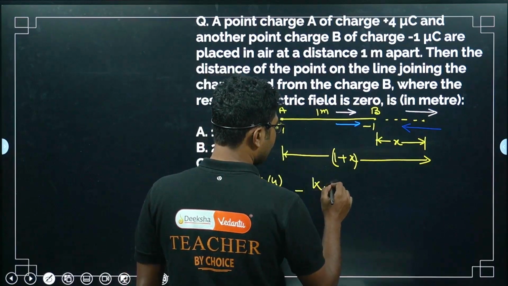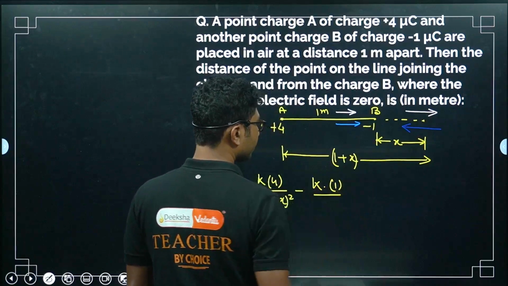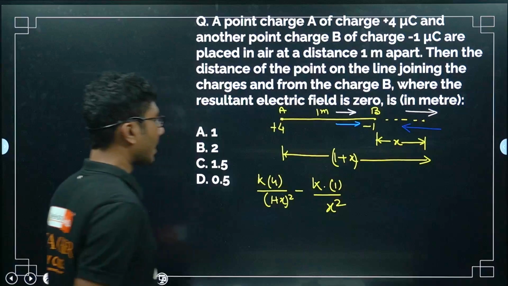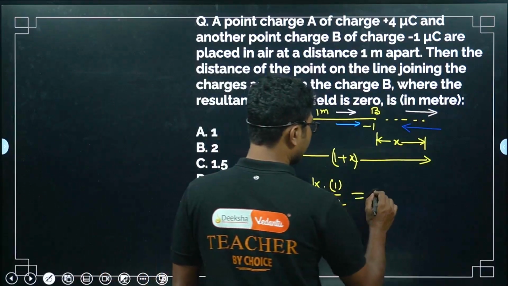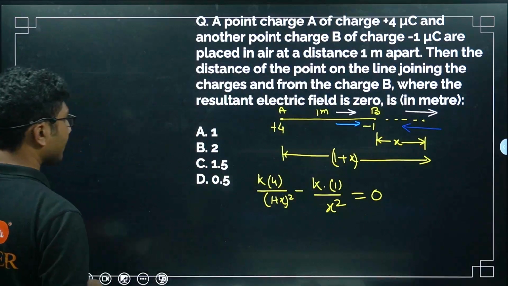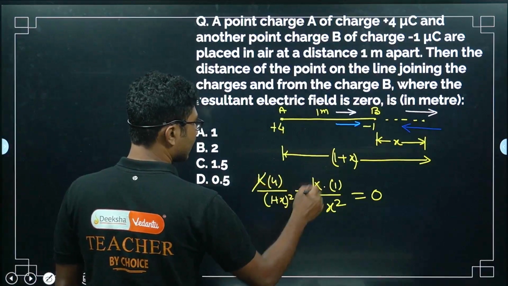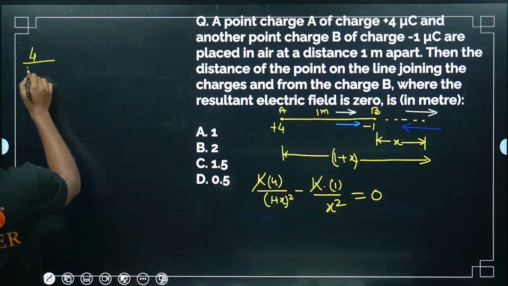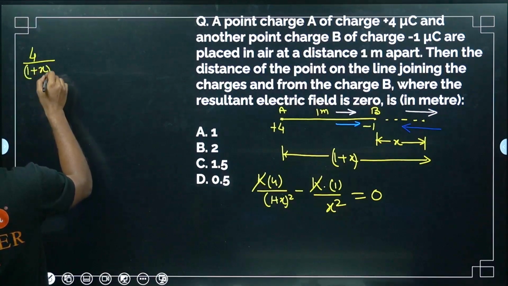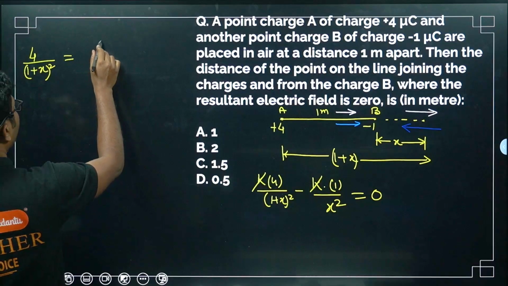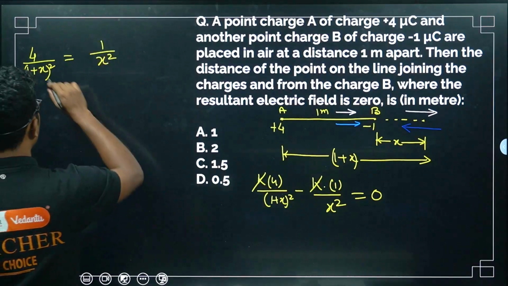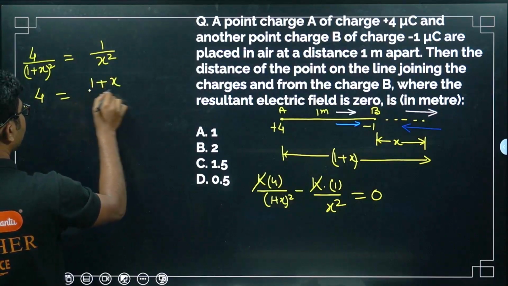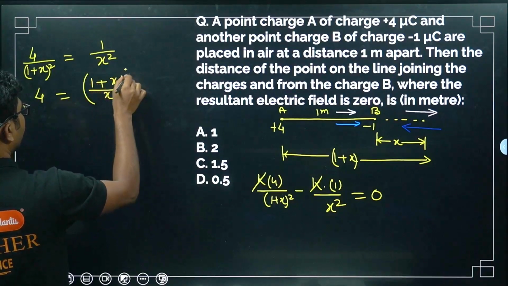We have to calculate x, and there is no net electric field, so the net is 0. k will cancel, so 4 by (1 plus x) whole square equals 1 by x square. Taking this to the other side, 4 equals (1 plus x) divided by x, whole squared.